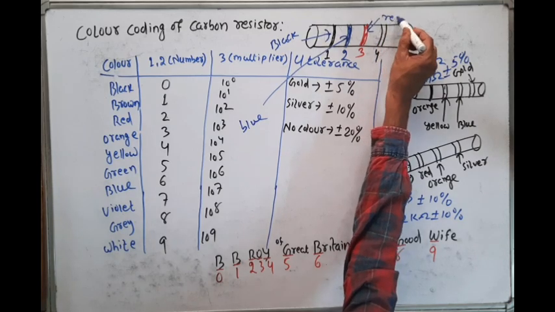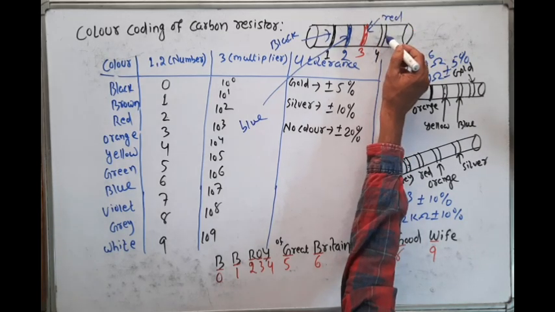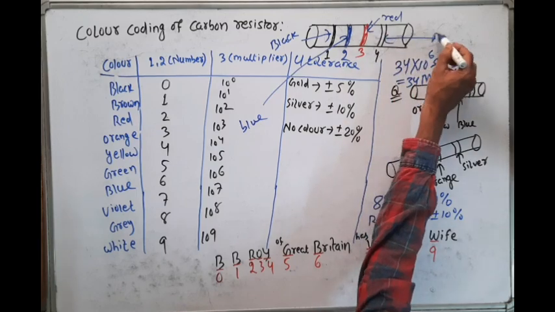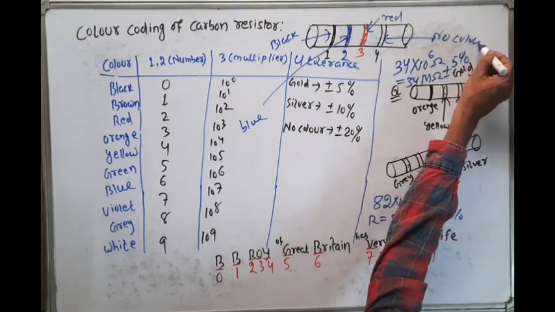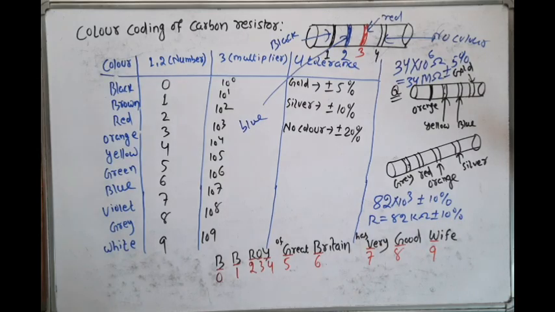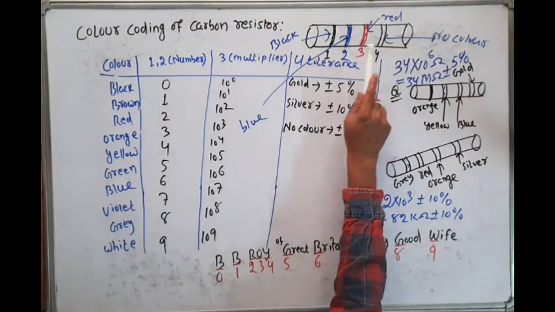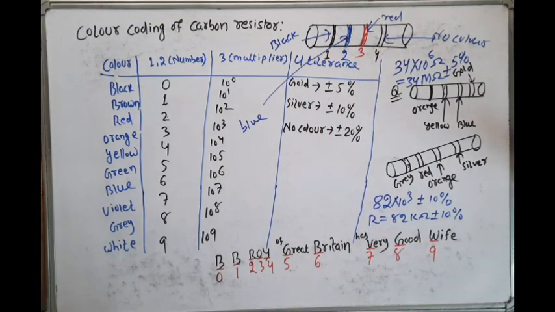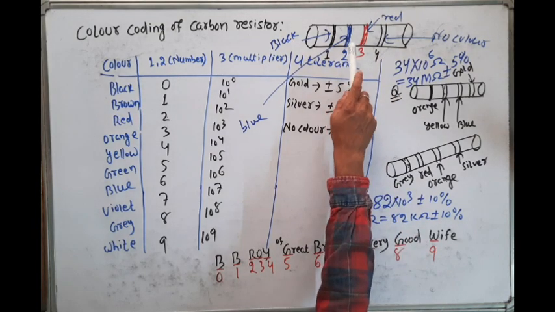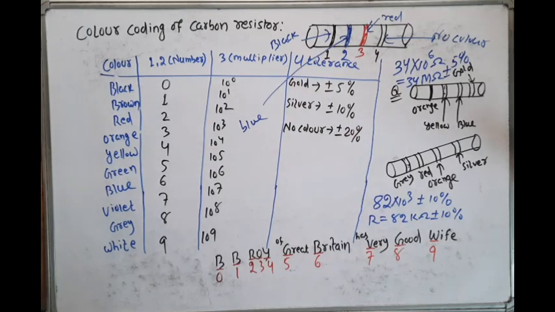And the fourth has no color. You will write what is the resistance of this carbon resistor. So I think everybody, after solving this, just put your answer in the comment box. Okay, thank you.